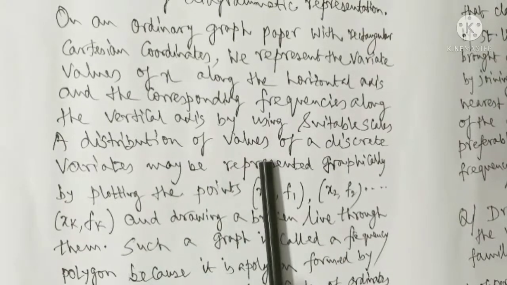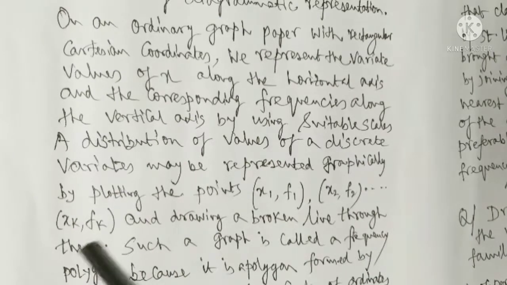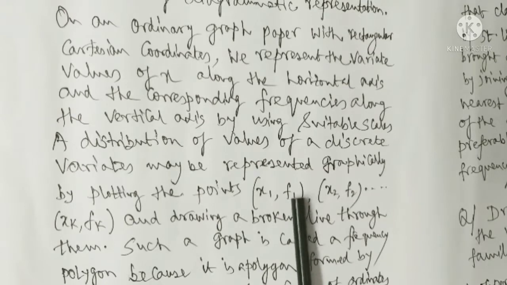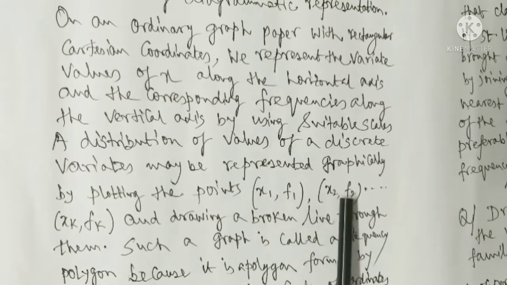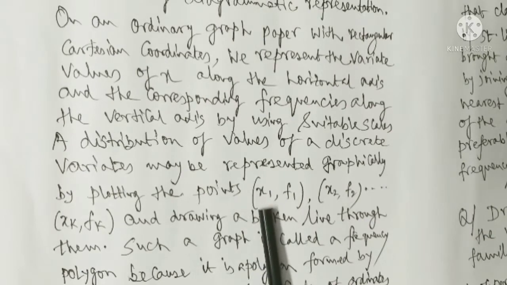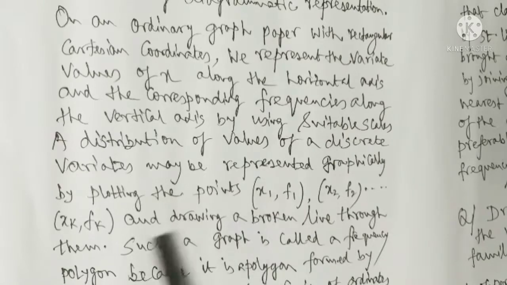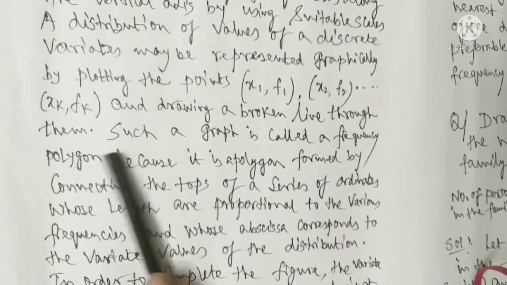A distribution of values of a discrete variate may be presented graphically by plotting the points x1, f1. This f1 is treated as y1, just like in coordinate geometry x1, y1, x2, y2. Here in place of y we consider f, frequencies, and draw a broken line through them.